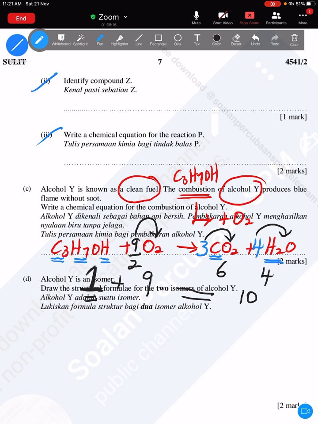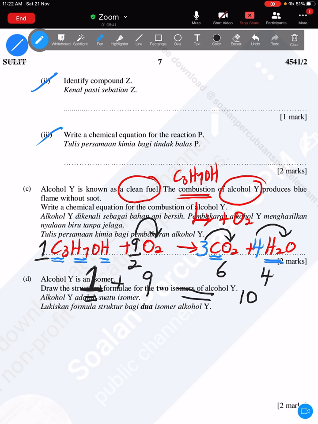This is my personal point of view. Because in thermochemistry, if you can recall, you have the heat of combustion. The heat of combustion always refers to 1 mole, so you can leave the answer as 1 mole of compound.